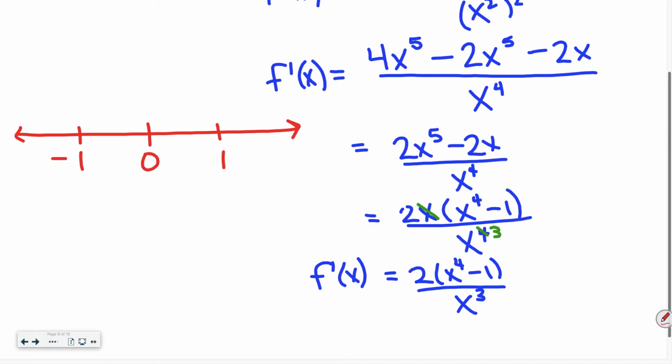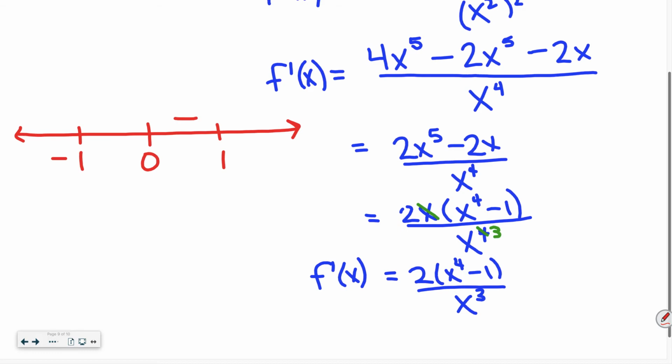Let's start with this interval right here. If we pick 1/2, do we actually have to find the derivative value? No. We know that 1/2 to the fourth minus 1 would be what kind of number? Negative. Over 1/2 cubed. Negative over positive would be negative. Okay? Since we're thinking about it, let's think of negative 1/2.